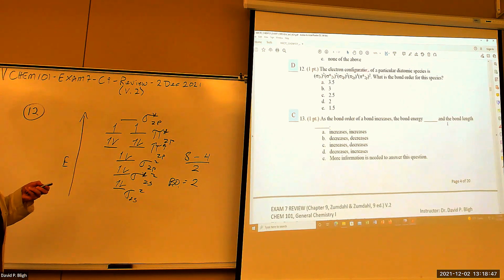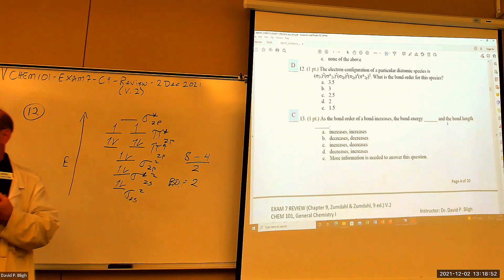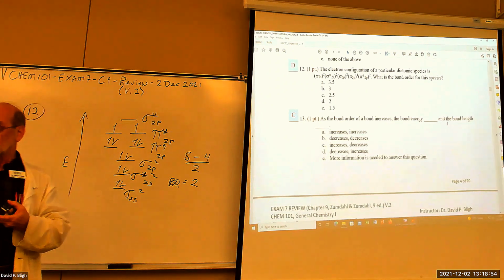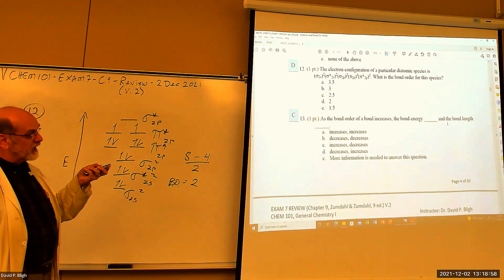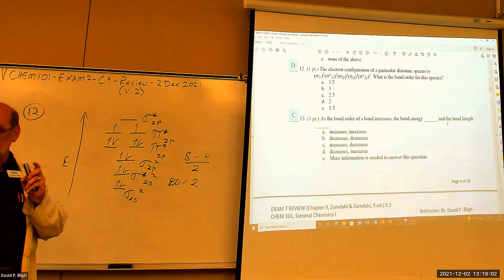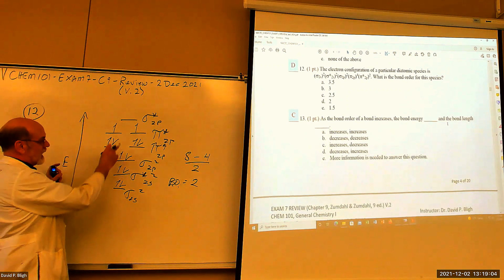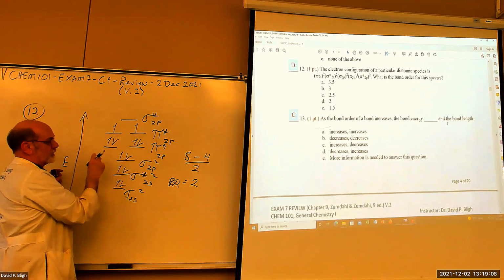You just have to recognize, if we had a question here about paramagnetism or diamagnetism, then you could also tell from this one, if you remember that pi's can have 4 electrons total. The reason they can have 4 is because there are 2 degenerate orbitals here.